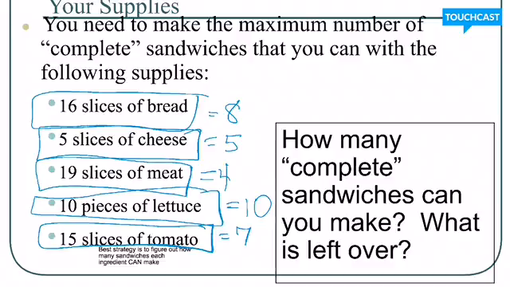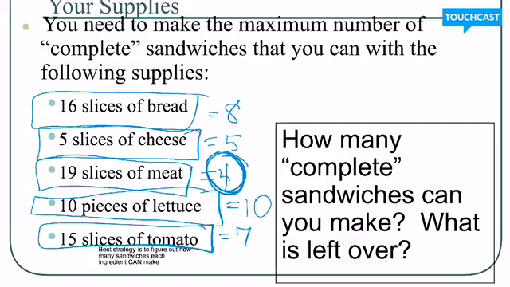So looking at all these values, if this was what you saw in your supply cabinet, what would be the maximum number of perfect sandwiches that we could possibly make? You're right. We can only make this number right here. Because at that point, after we make 4 sandwiches, you will no longer have any meat left over.